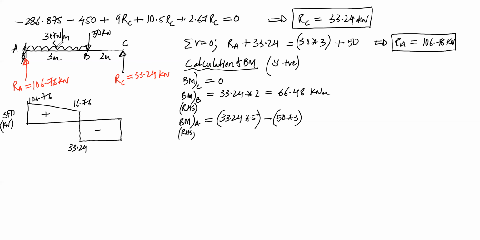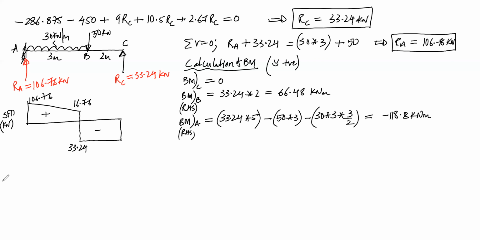And due to UDL, it will be 30 into 3 into 3 by 2, which will also be hogging. So it is minus 30 into 3 into 3 by 2. So this is equal to minus 118.8 kilonewton meter. So these are the bending moments at various points.